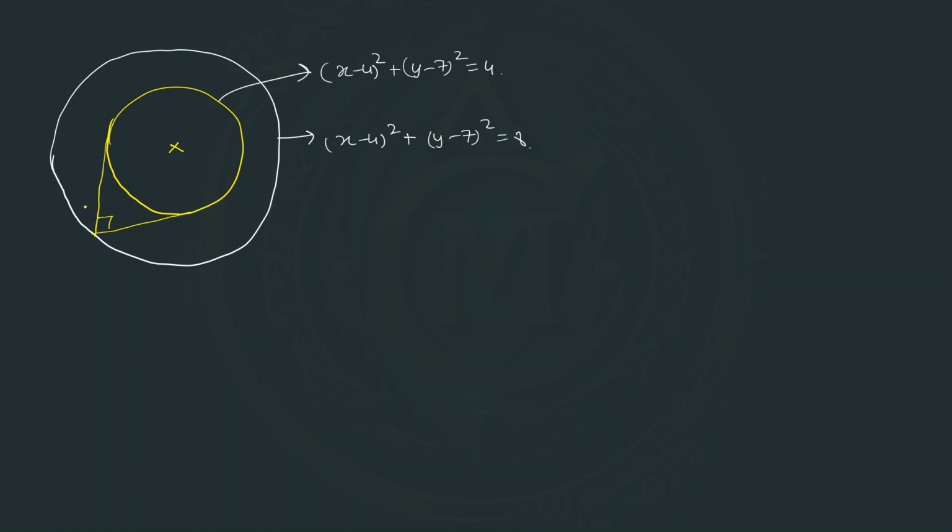But if we lie between the boundary of this inner circle and the boundary of the outer circle, let's say this point, then if we draw two tangents to this circle from this point, the angle between those two tangents will be greater than 90 degrees. And if we go out of the boundary of this outer circle, let's say here, and we draw two tangents to this inner circle from this point, the angle between those two tangents will be less than 90 degrees.